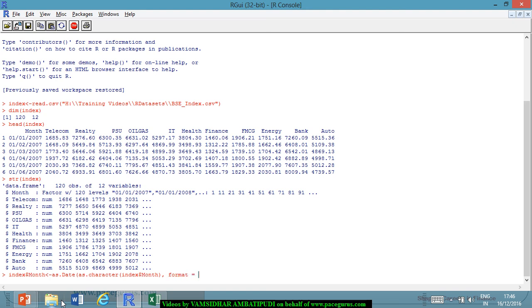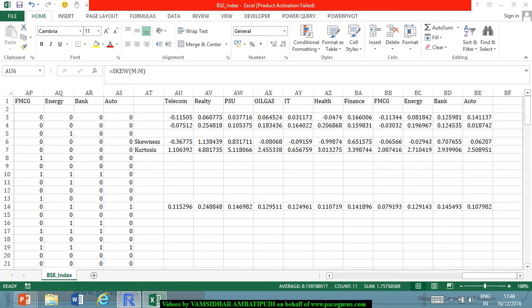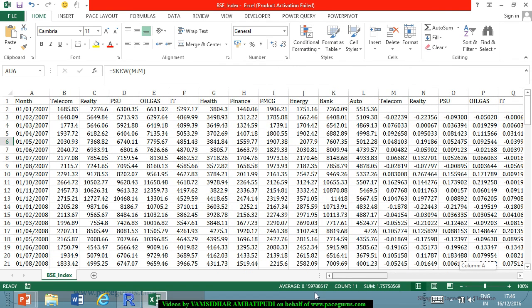Format, I will give it in this way. Initially it is the month, so I'll give percentage M. It is 1/1/2008, so the first is the day itself, percentage d. Let me just check in the Excel sheet what the format is. Yes, this is the day, this is the month, and this is the year.